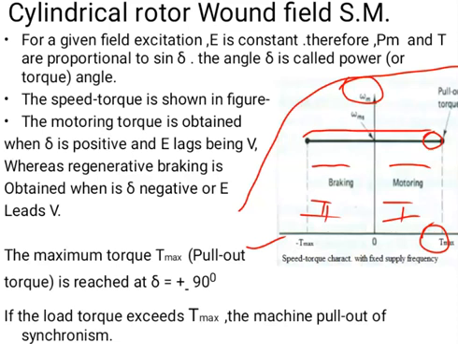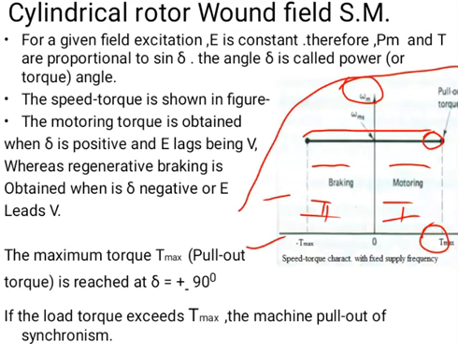The motoring region or motoring torque is obtained when delta is positive and E lags behind V, whereas generative braking is obtained when delta is negative, or E leads the V voltage.